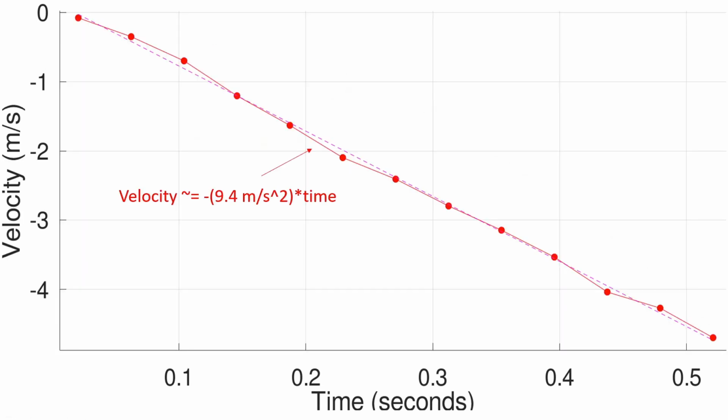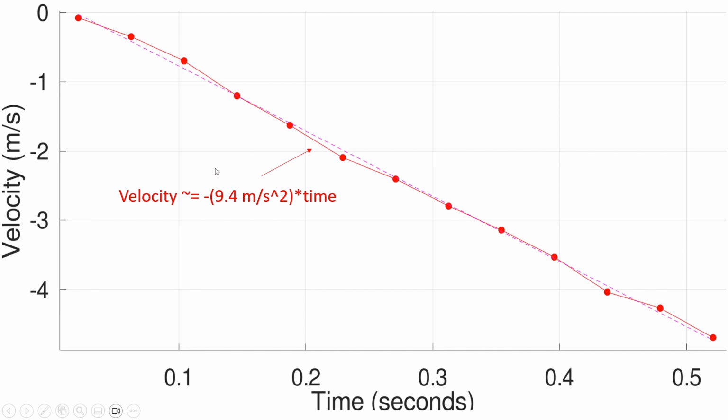And we get something that looks like this. Just like before, each one of these dots represents the average velocity during one of these intervals, and it's becoming increasingly negative because the object is falling down faster and faster. It's starting at 0 and ending at about minus 4.5 here.